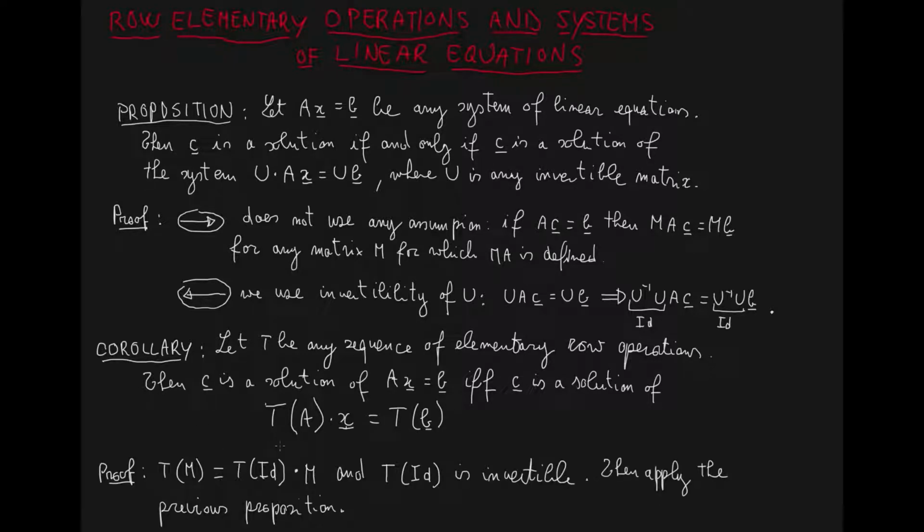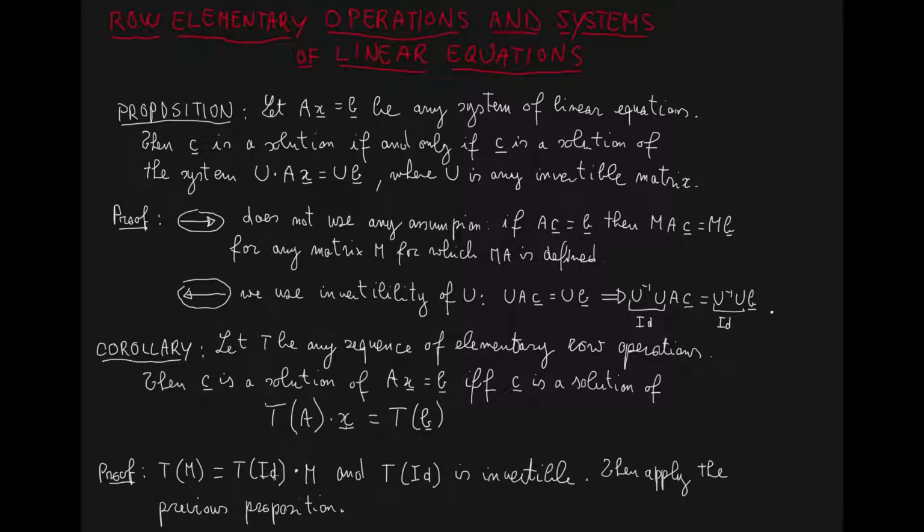Now, T applied to any matrix M is exactly equal to T applied to the identity matrix times M. We already remarked the following fact about elementary operations: the action of elementary row operations on a matrix M can be obtained in the same way by multiplying M on the left by a certain matrix. What is the matrix that we multiply by?